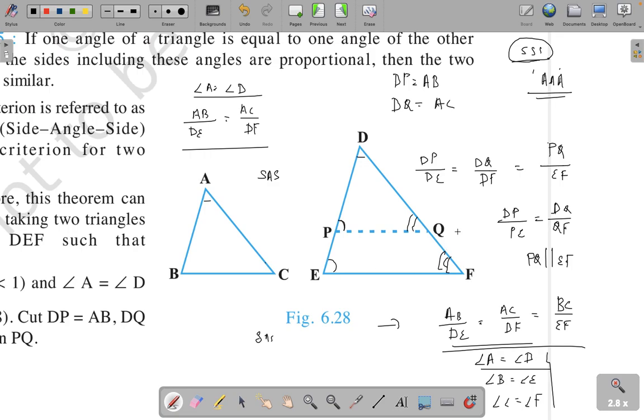There is only one case wherein it may be congruent, when at least one side is also equal. Then it becomes ASA, right?